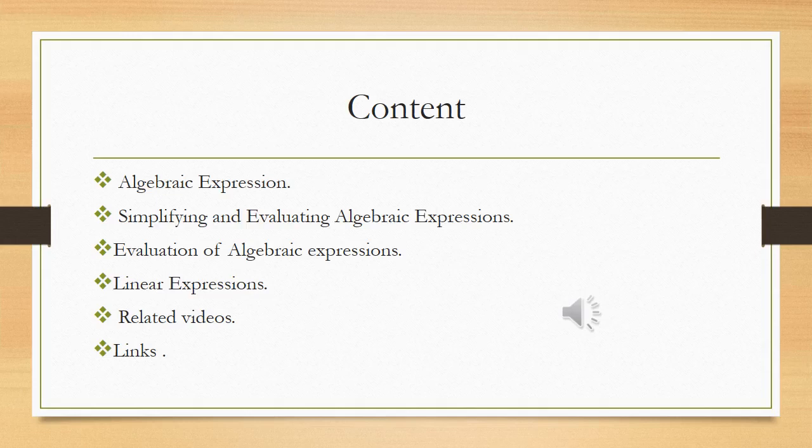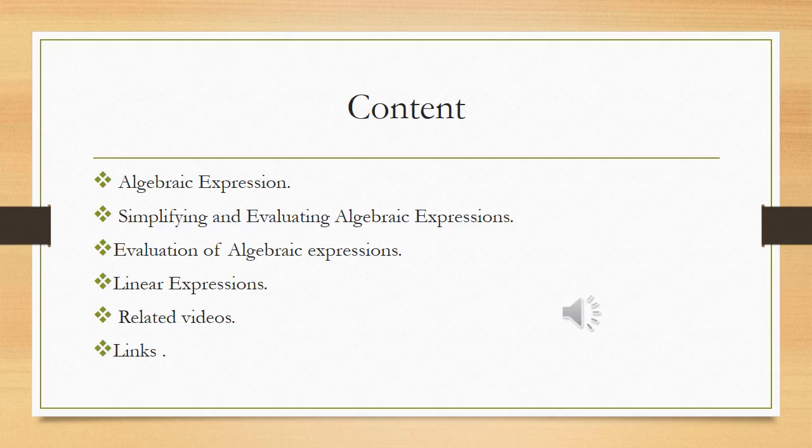So class, in this lecture, the introduction lecture of chapter number 4, the first lecture you can say, the things which we are considering are algebraic expressions. What is an algebraic expression? We are giving a basic example, a basic definition of it. Then we are classifying, simplifying and evaluating algebraic expressions and their equations.